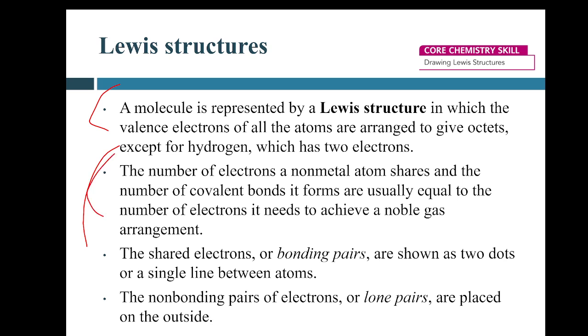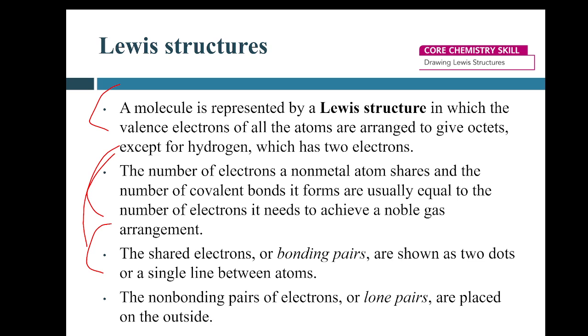Now, if we know these electrons and we know where they can go, there's two options. You could either share the electrons. If you share the electrons, those are referred to as bonds. If you don't share the electrons, they are called non-bonding pairs of electrons, i.e. they're not being used in bonds, or another name for that is lone pairs.